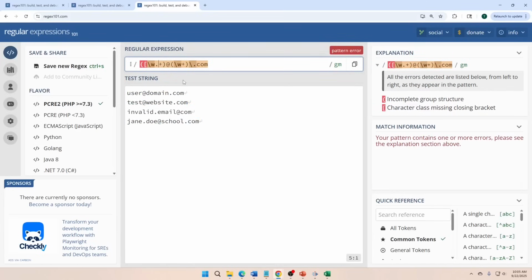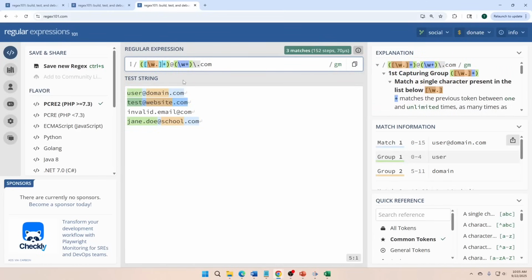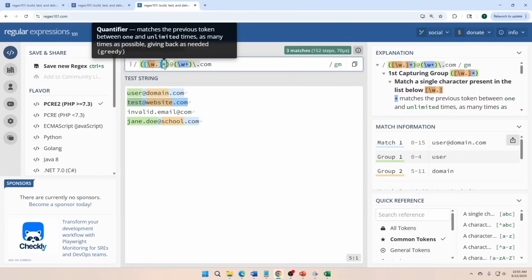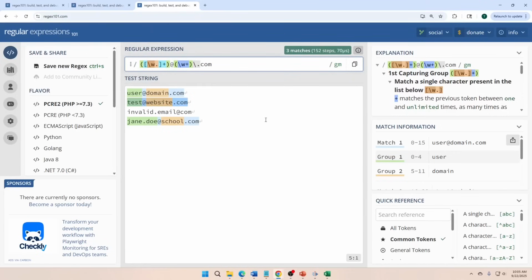We won't be doing a specialized course just on this bracket, but basically, this is a character class. It means it matches exactly one character that is either a word character or a literal dot. The plus says repeat the character class one or more times. So basically, it's going to be looking for any words, periods, words, until it reaches an @ sign. So that's why it's picking up this Jane.doe.